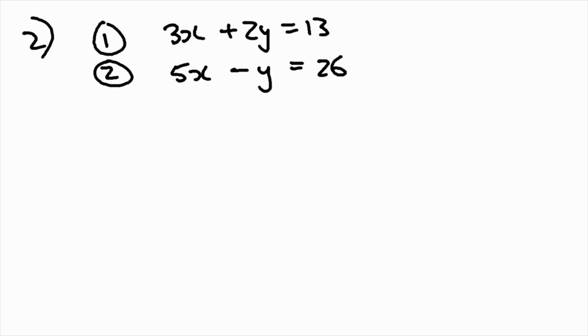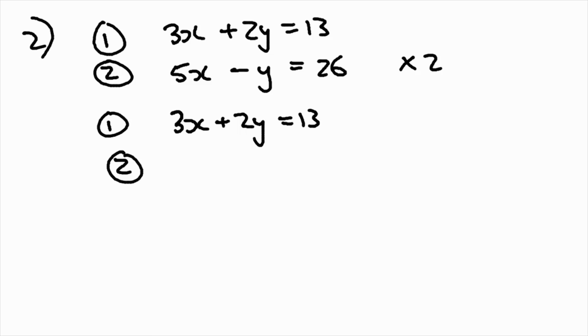Now here we can take a shortcut, because we can just times the second one by 2, because that will give us minus 2y. So the first stays the same. And the second becomes 10x minus 2y equals 52.